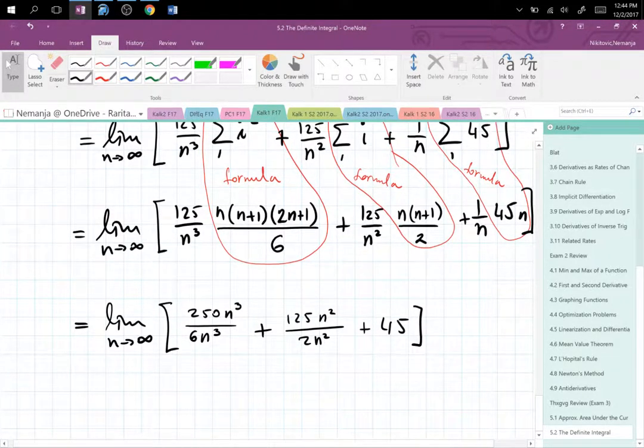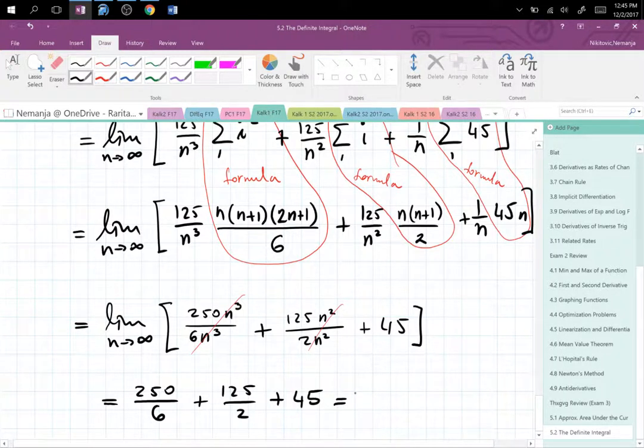So the limit kills everything else. Everything else goes to 0. These are the only ones that survive. And now all of these n's cancel as well. Boom, boom, boom. And what we have is the exact area is 250 over 6 plus 125 over 2 plus 45.